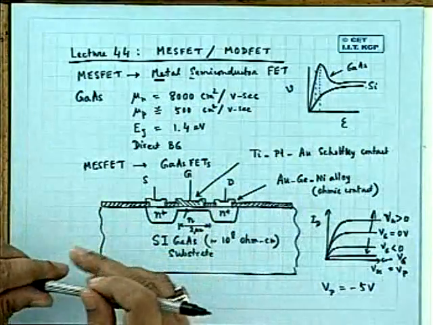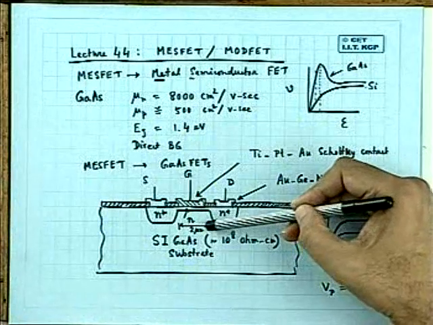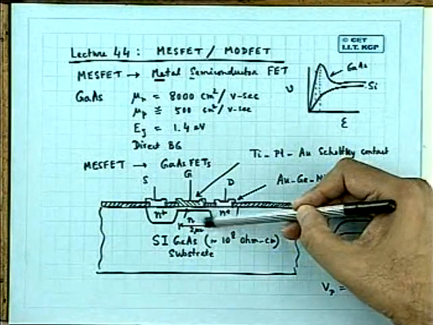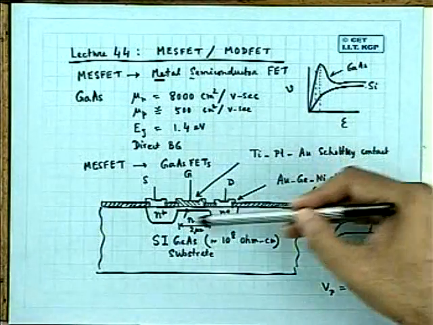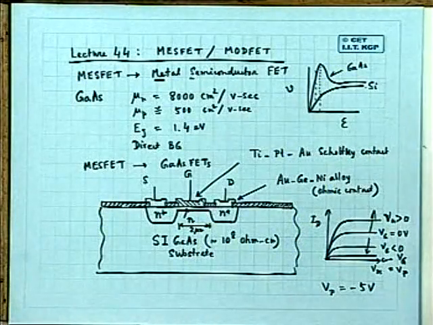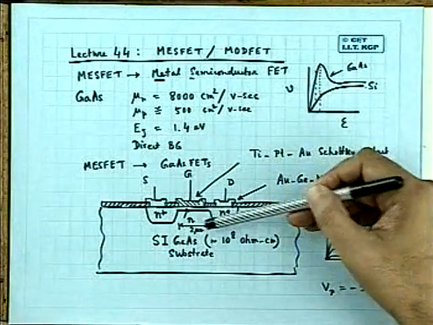Do you agree with me fully, or do you have something in your mind that I should correct? I say that for a channel length which is not too short, typically the JFET channel length is around 1 micron. Let me tell you, in practice, JFETs which are available in the market have a channel length of about 1 micron.